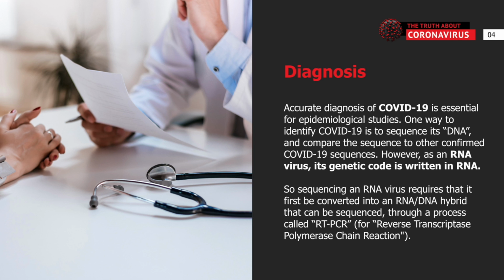Accurate diagnosis of COVID-19 is essential for epidemiological studies. One way to identify COVID-19 is to sequence its DNA and compare the sequence to other confirmed COVID-19 sequences. However, as an RNA virus, its genetic code is written in RNA.